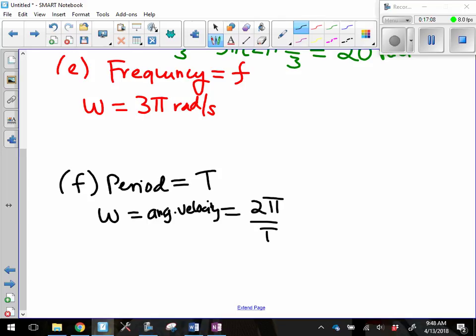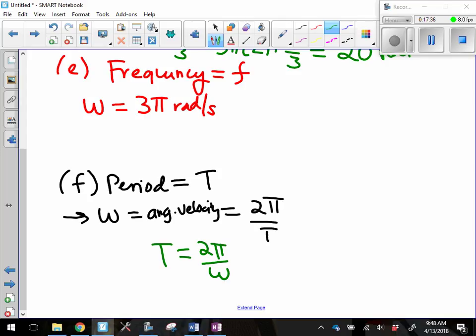Okay, I like this formula because I think it makes a lot of sense. It's a good place to start. It's something you can figure out. It's something you can think about. So this tells you then that T is equal to what in terms of omega? Two pi over omega, right?